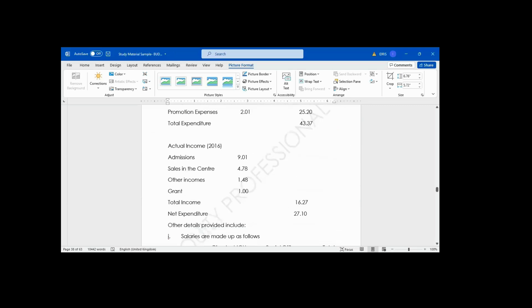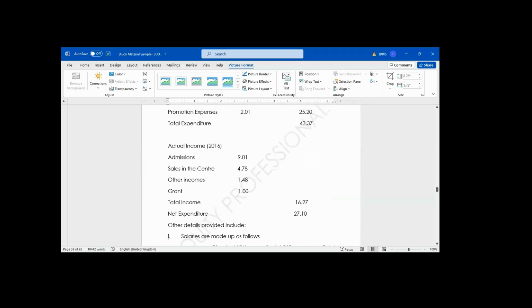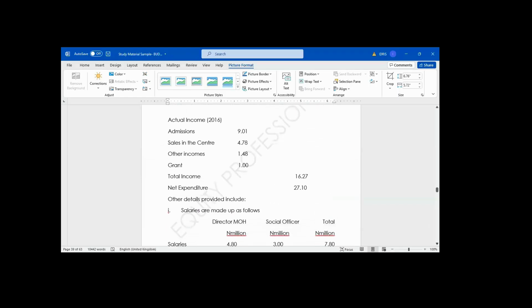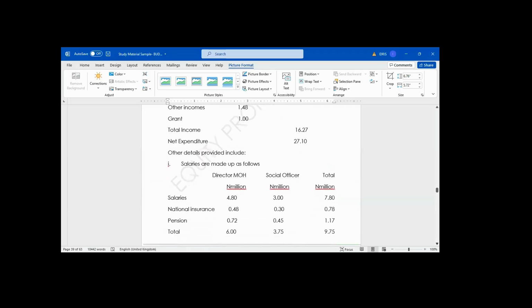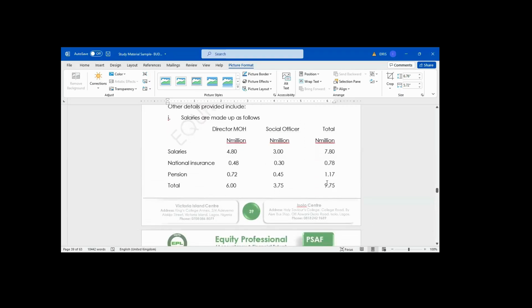What note do we have on salary? Note 1. They said 9.75. How do we get it? We are given the breakdown. Look at the breakdown of how we get the 9.75.